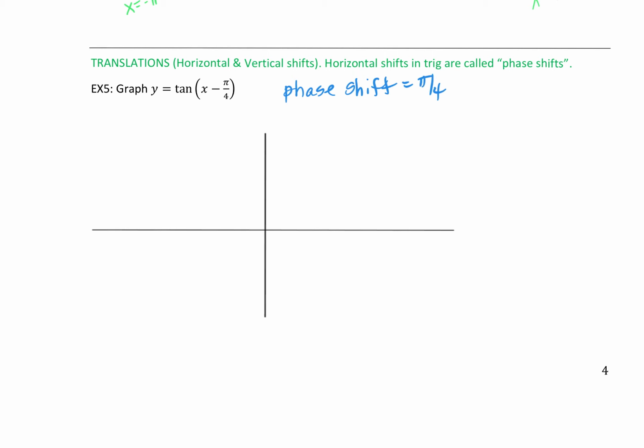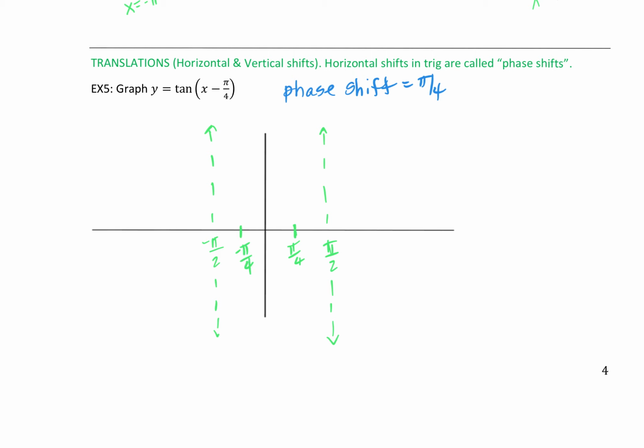I'm going to go ahead and graph my tangent as I normally would, and then I'm going to worry about the shift. So normally our tangent goes from negative pi over 2 to positive pi over 2, and then these are our asymptotes. So if we shift tangent over, then we have a pi over 4 and a negative pi over 4.